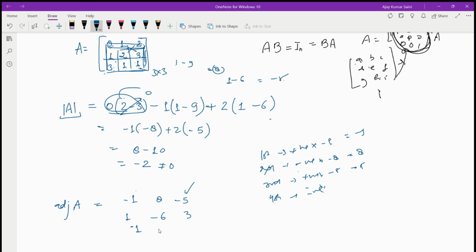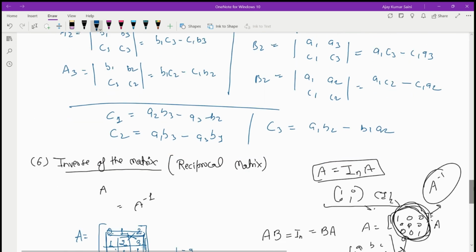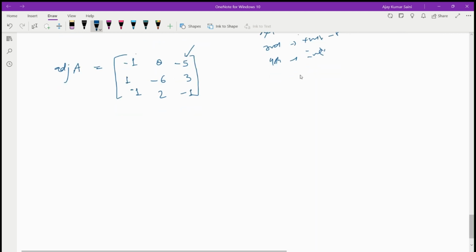Okay, so 2 and minus 1, I can say that it is the cofactor. Now it is not the adjoint yet. I can call it C, meaning the cofactor of that matrix.